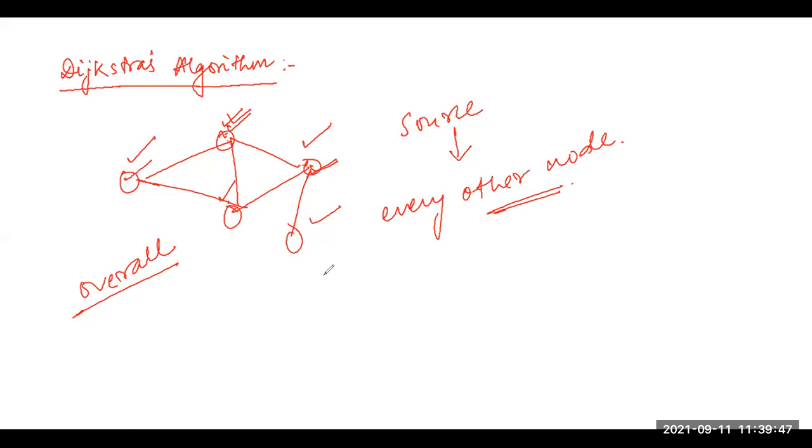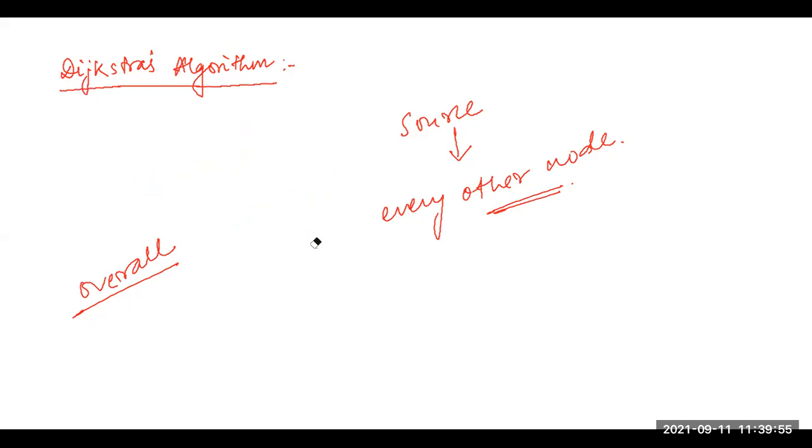So what happens in Dijkstra's algorithm is that it is an optimal algorithm, or I can say this algorithm is used to find the length of the optimal path between two nodes in a graph. So it can specify that start from node A or B or C, just like the other algorithms.